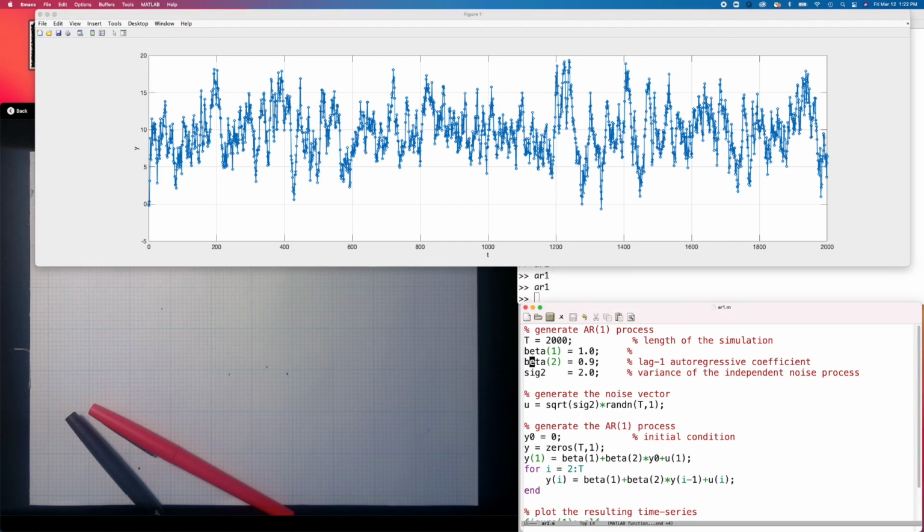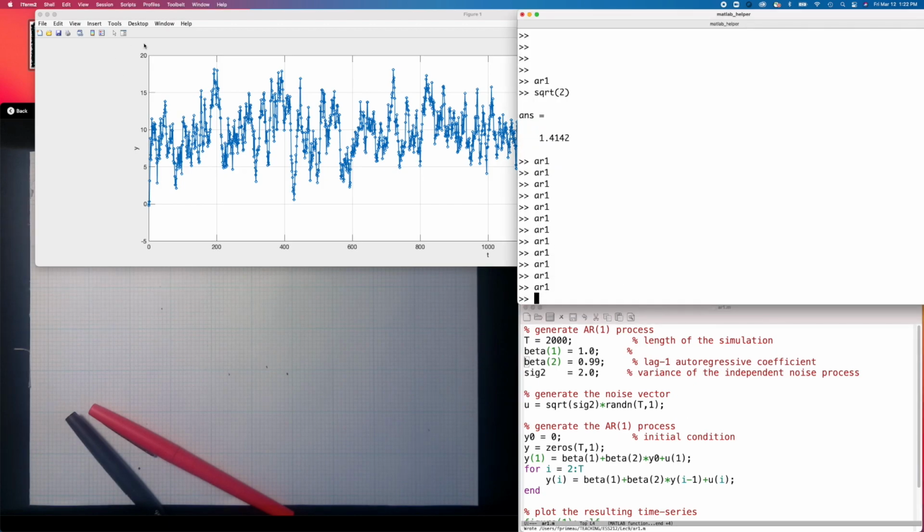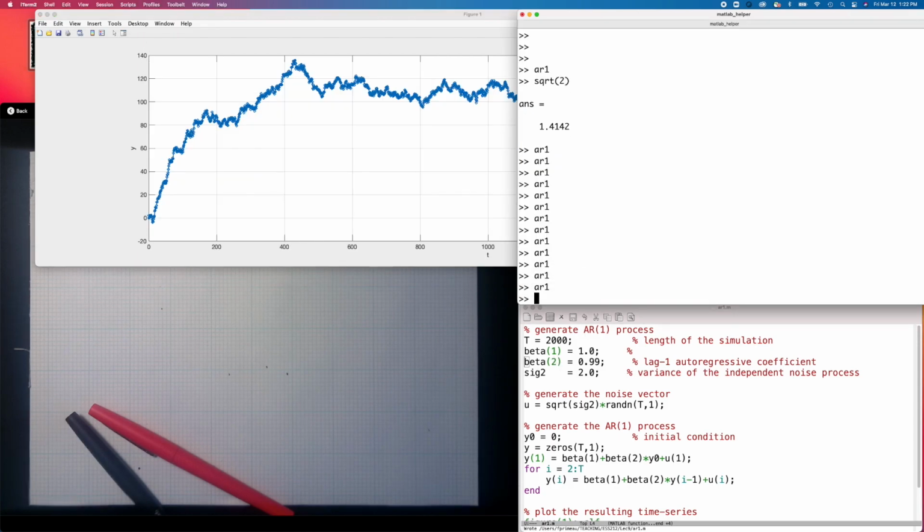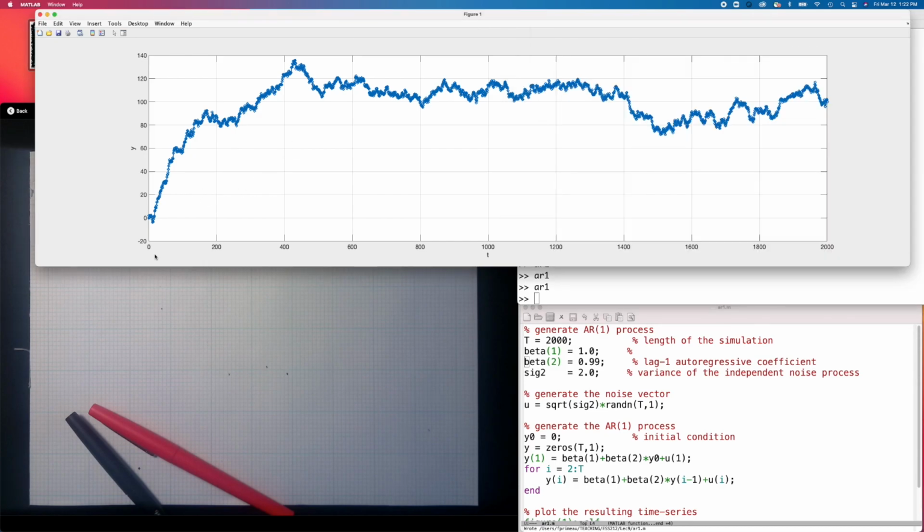What if I make the coefficient even bigger? 0.99. And notice here that the limits are between -5 and 20. And now at 0.99 there's a very slow and gradual drift, and then there's these long excursions.